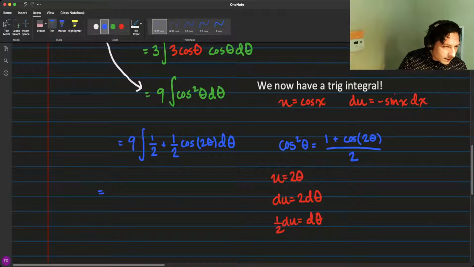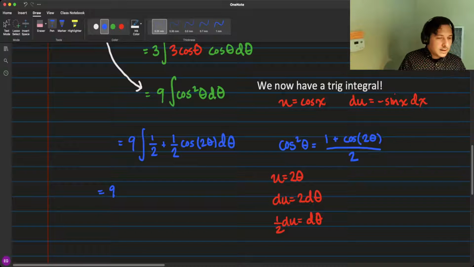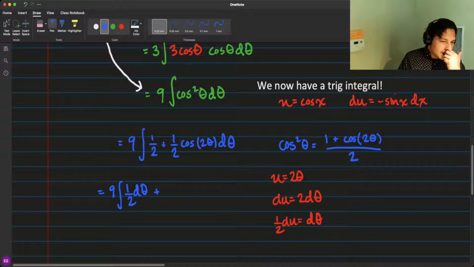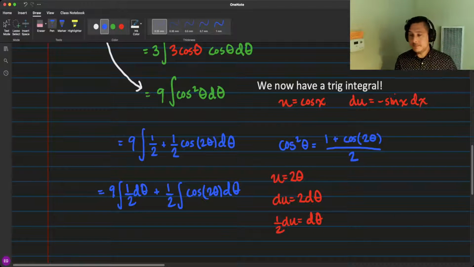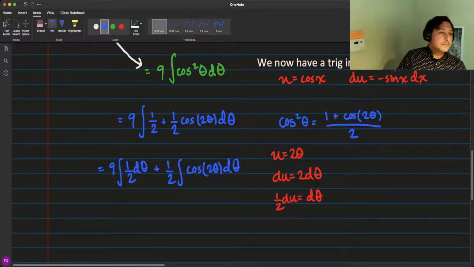So you're going to get 9 times the antiderivative of 1/2 d theta plus 1/2 integral cosine 2 theta d theta. So you're going to get 9/2 theta.